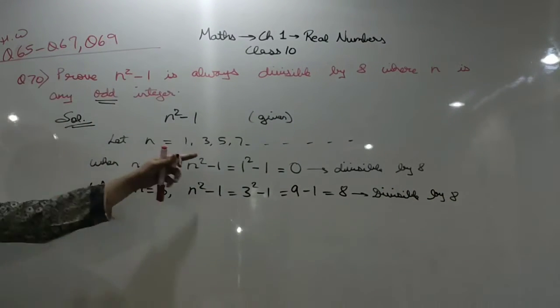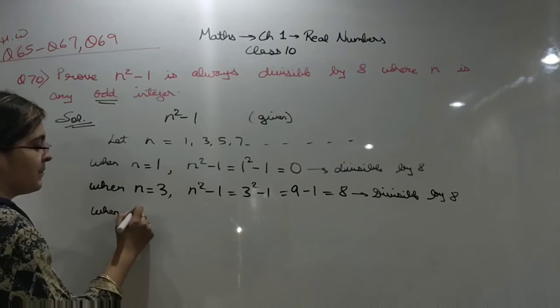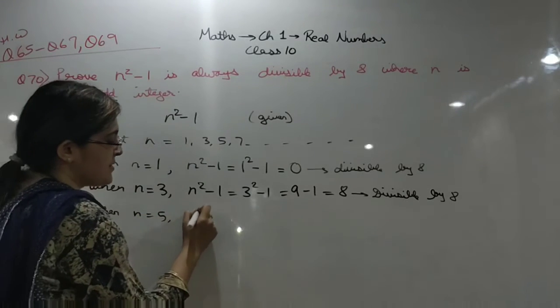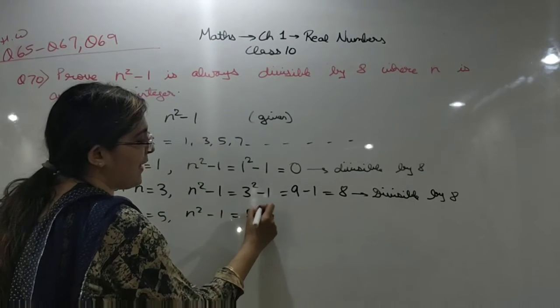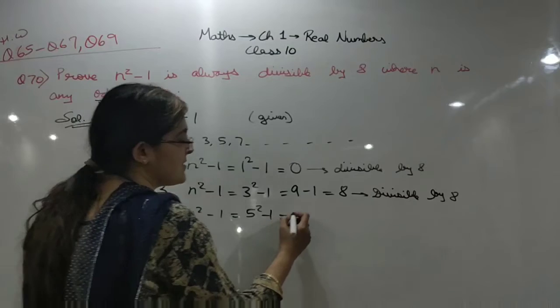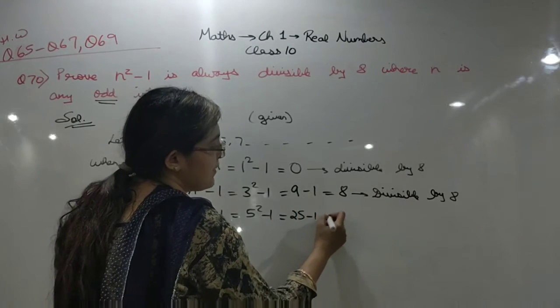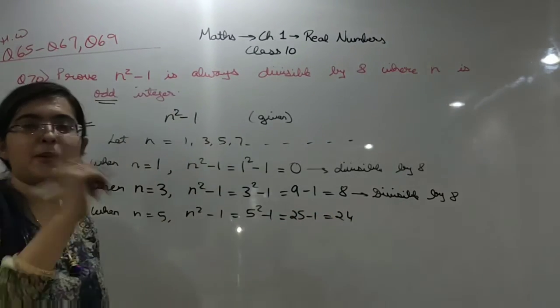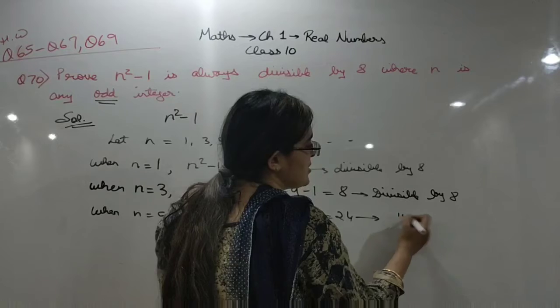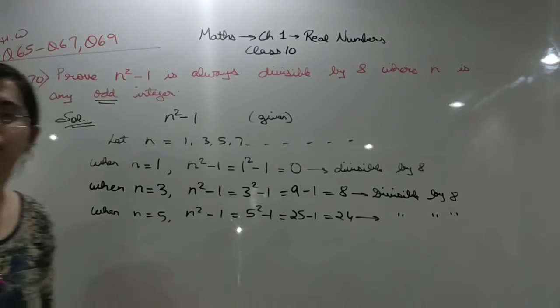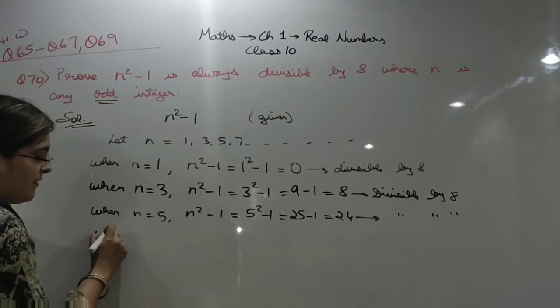Now what we will keep, n is equal to 5. N square minus 1 will be equal to 5 square minus 1. That means 25 minus 1, 24. 8 threes are 24. So it is also divisible by 8. Now 7.